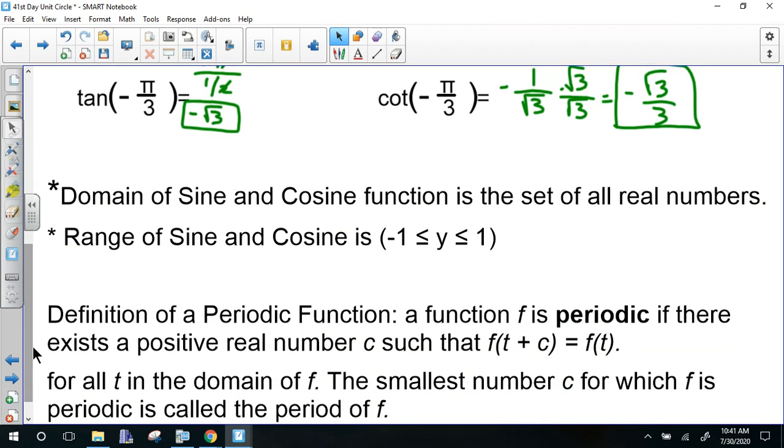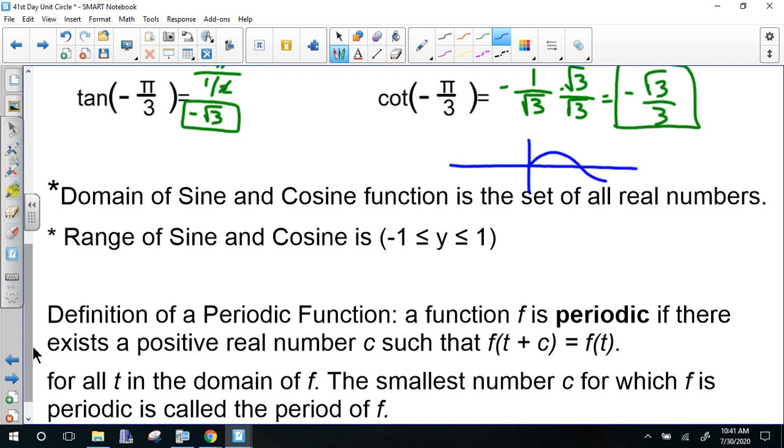Okay. Let's talk about domain and range. Domain of sine and cosine function is the set of all real numbers. Just to give you a heads up, the sine function looks like this. It goes toward negative infinity and positive infinity in both directions.